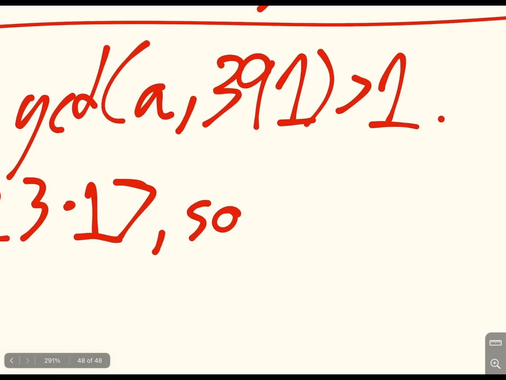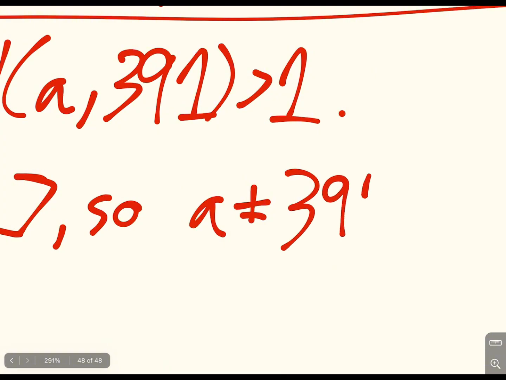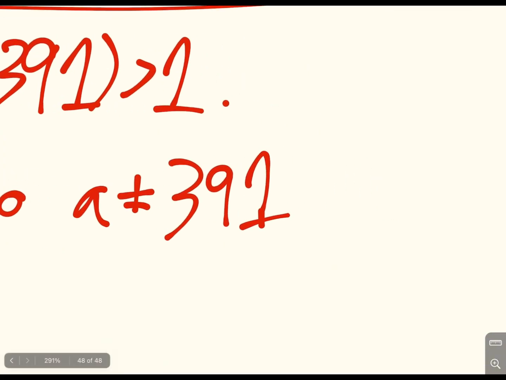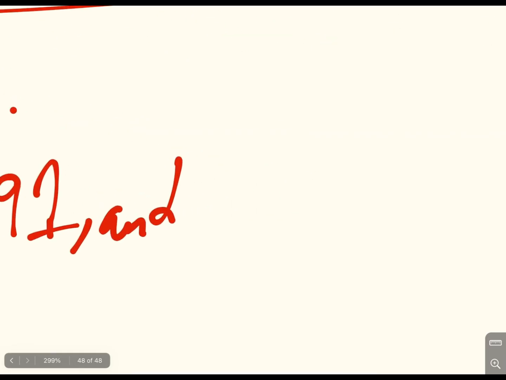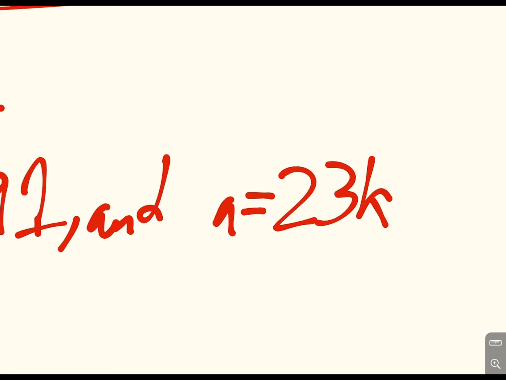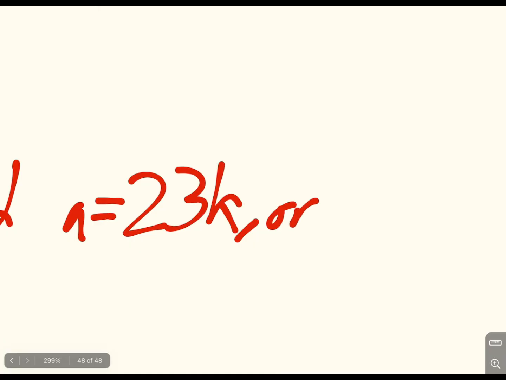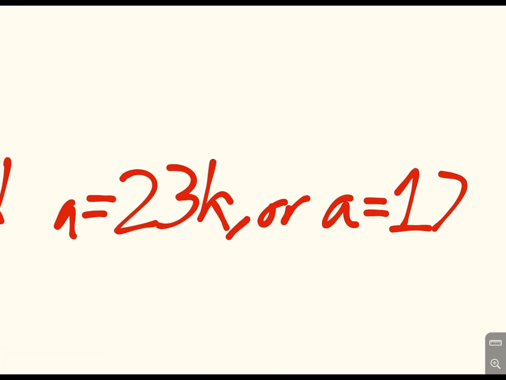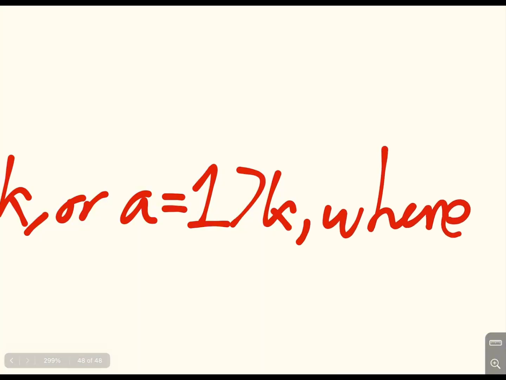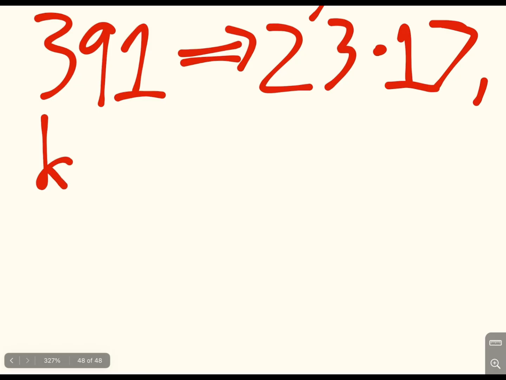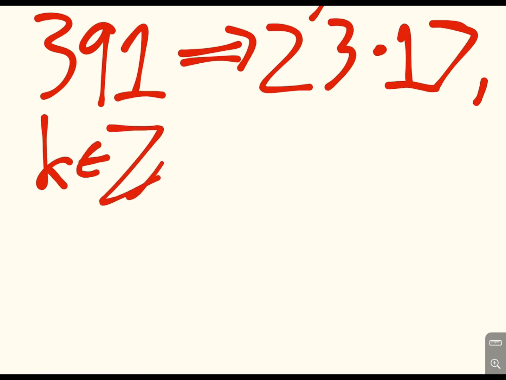Of course, a is not equal to 391, and so a is either equal to 23 times k, or a is equal to 17 times k, where k is just some positive integer, right?